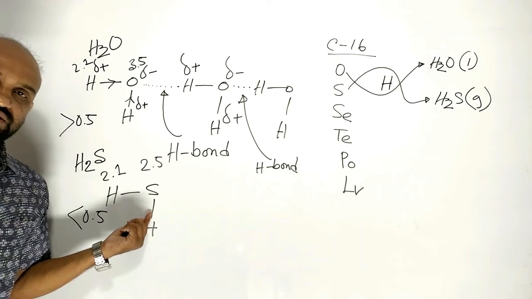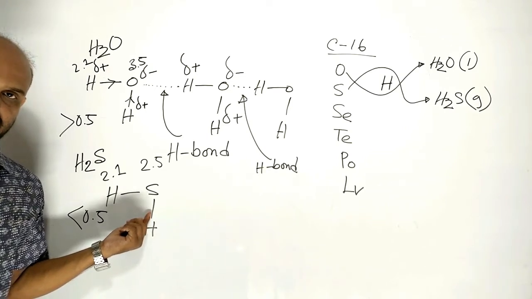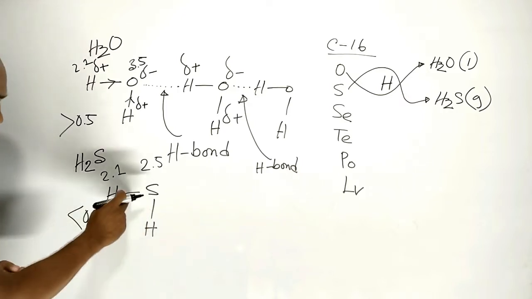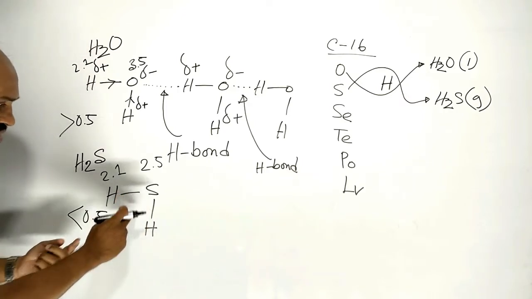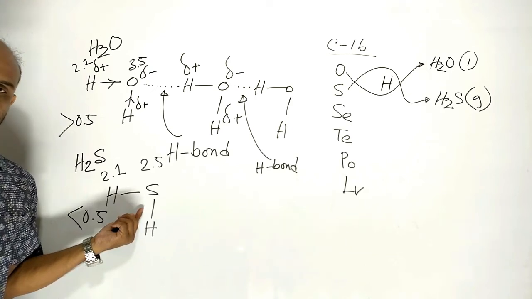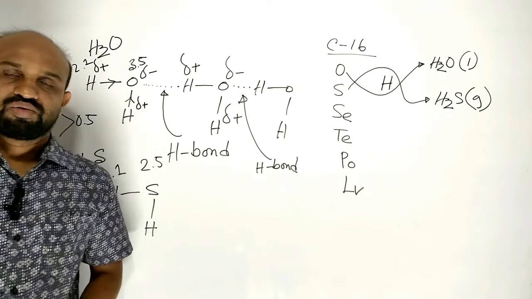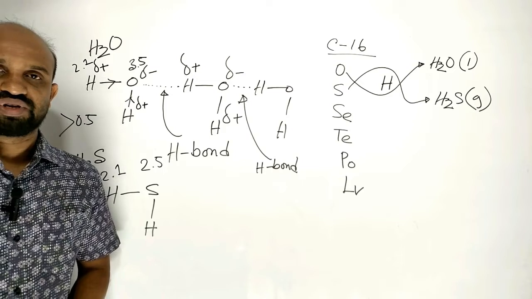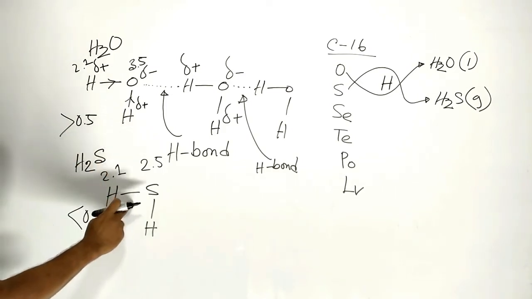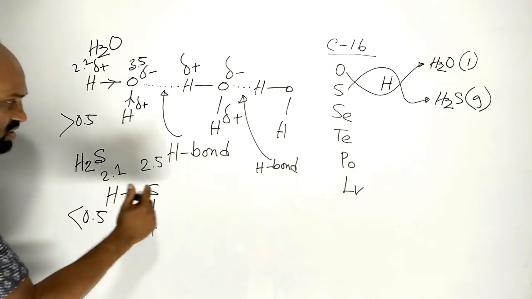But there is a difference in electronegativity. Because of the slight difference in electronegativity, this bond gets polar, but polarity is negligible here. Bonds get polar when electronegativity difference is more than 0.5. So here polarity is negligible.